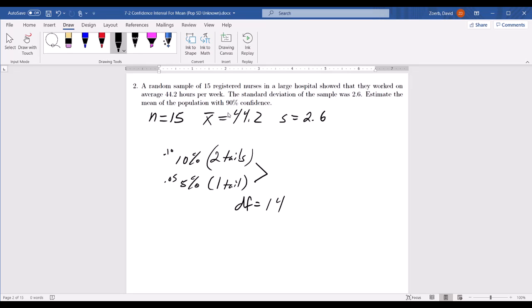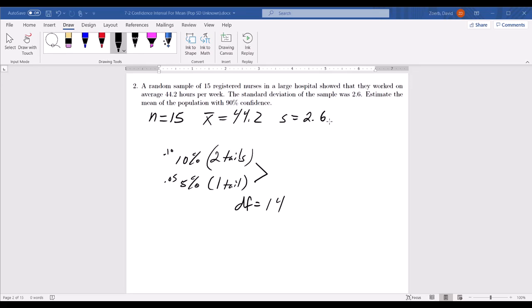Now be careful, because I know 10% pops up twice on the t-score table. Make sure you're focusing on 10% two tails. So 10% one tail or 10% two tails. Notice they're back to back. Careful there.